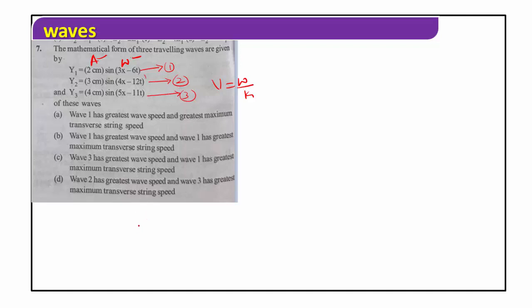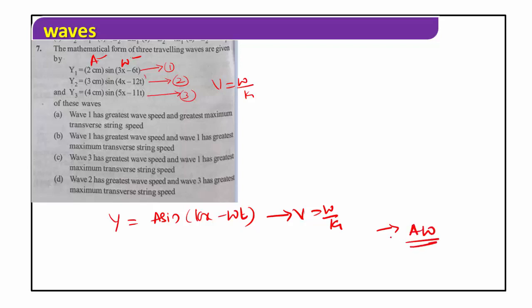Here, the wave is in the form of y equal to a sine kx minus omega t. The wave speed v is equal to omega divided by k, and the maximum transverse string speed is a into omega.